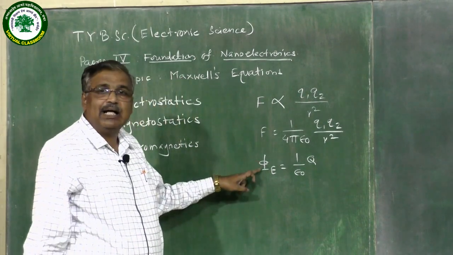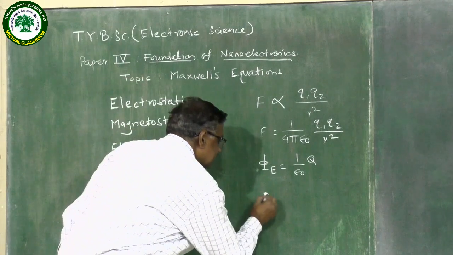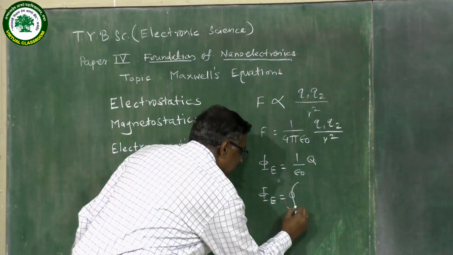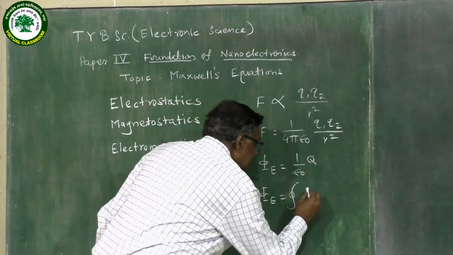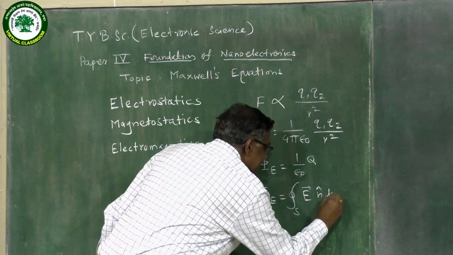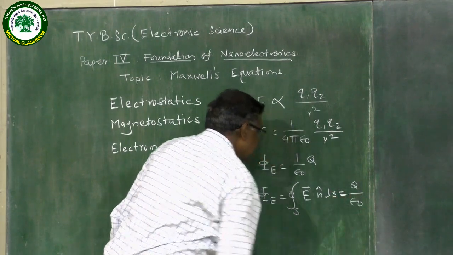This flux can also be written in terms of electric intensity, so the flux phi E is written as the closed surface integral over S of electric intensity E dot n dS, equal to Q upon epsilon 0.